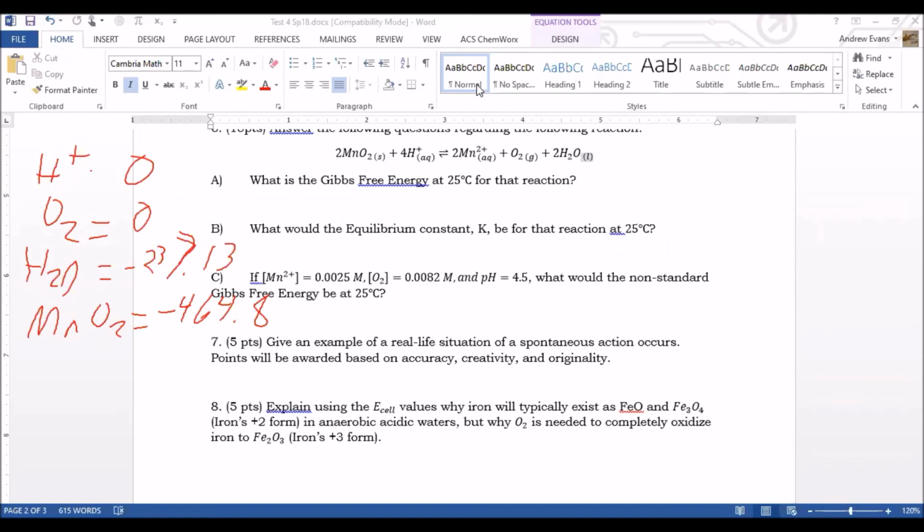Okay, let's see. Okay, that's good enough. The source I'm using has Mn2 plus at negative 228.1. Your numbers may vary a little bit depending on your source.